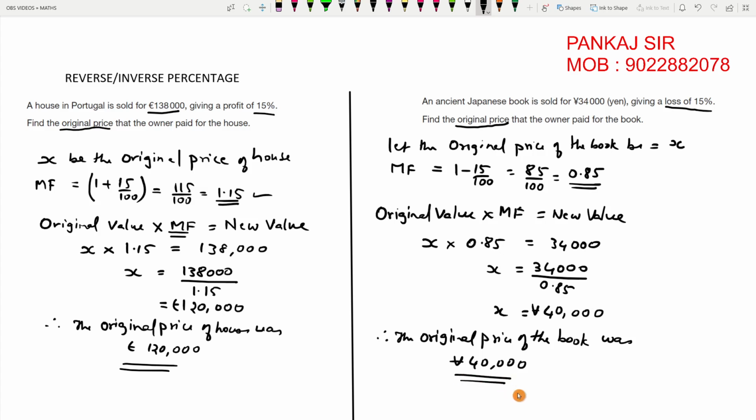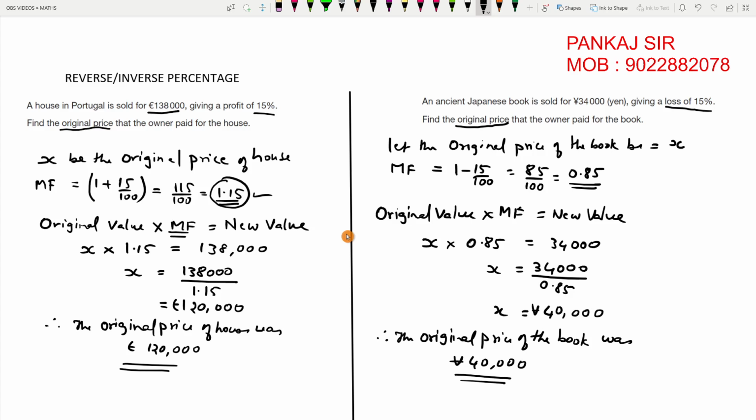So what you came to understand from these two questions is, number one, you should learn how to find out the multiplication factor. When there is a profit, it will be 1 plus that percentage of profit divided by 100, and you have to simplify it. And the multiplication factor will be greater than 1.